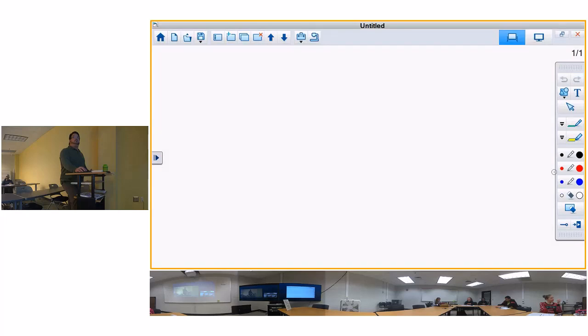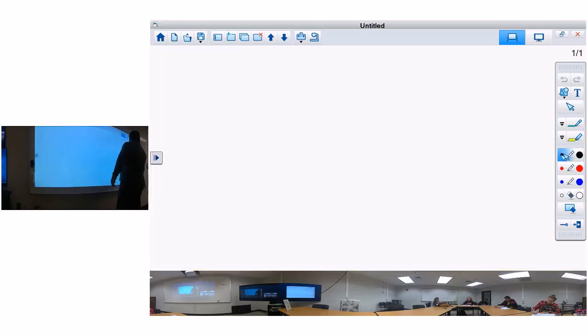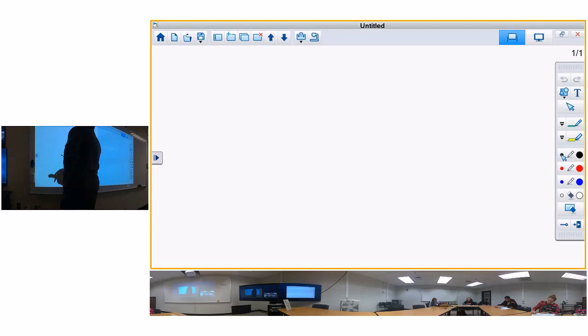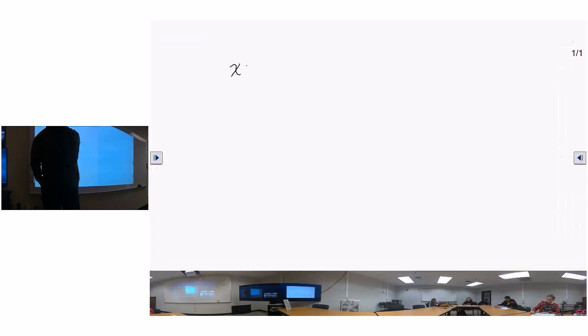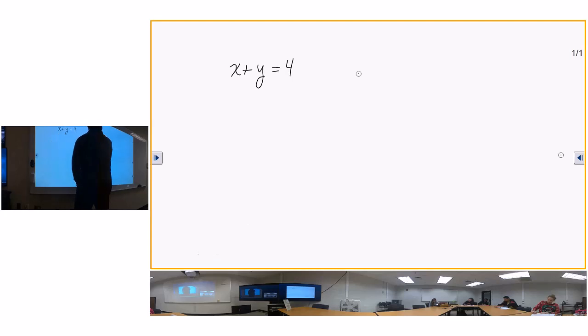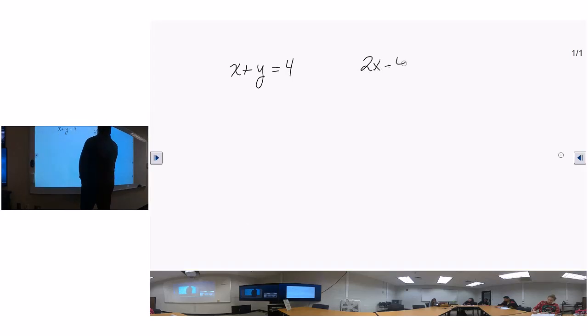And this is the problem that I will give you on the test. I'll even solve it for you, so you won't have to solve, but yeah, I'm gonna give you the whole thing. x plus y is equal to 4, and 2x minus 4y is equal to 6.